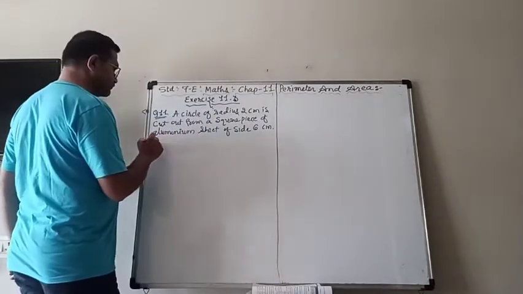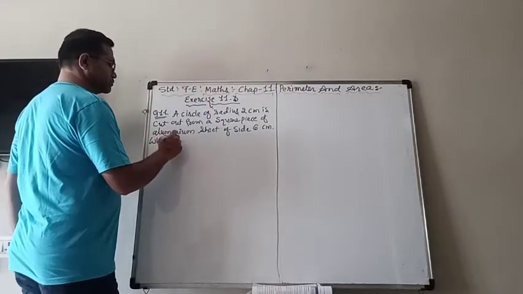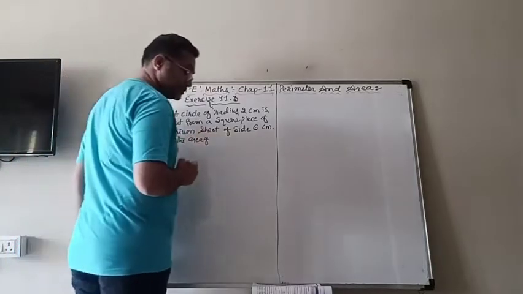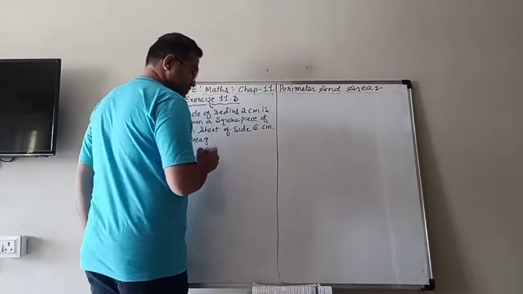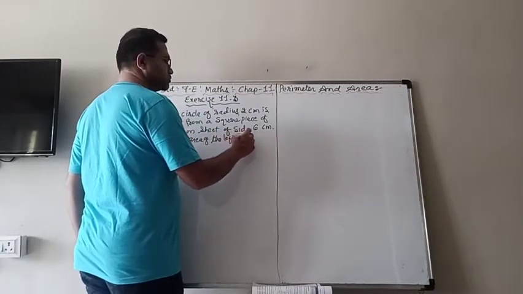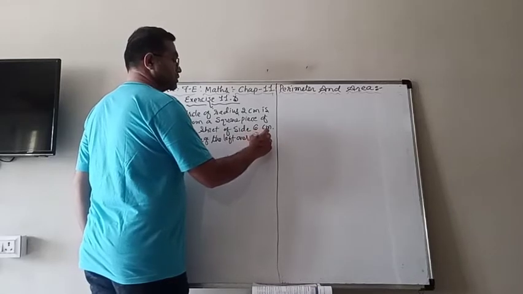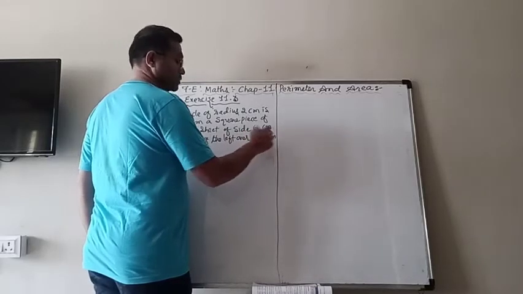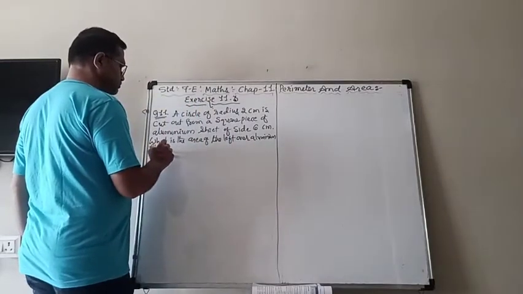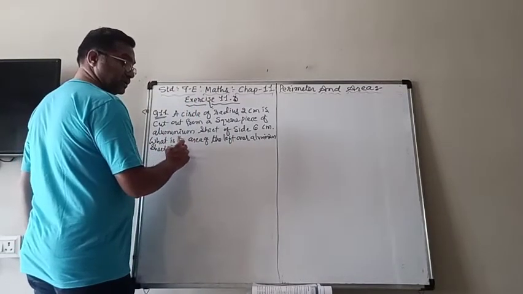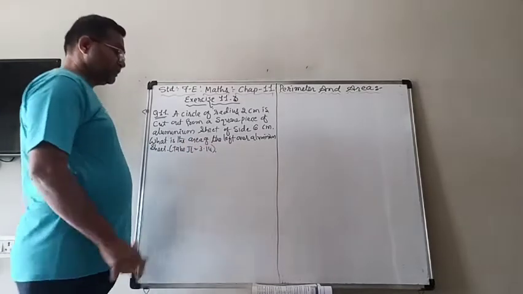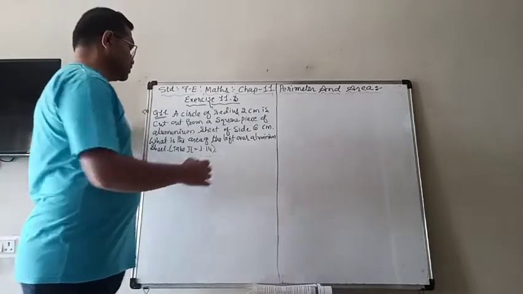What is the area of the leftover aluminum sheet? Given that take pi equals 3.14.